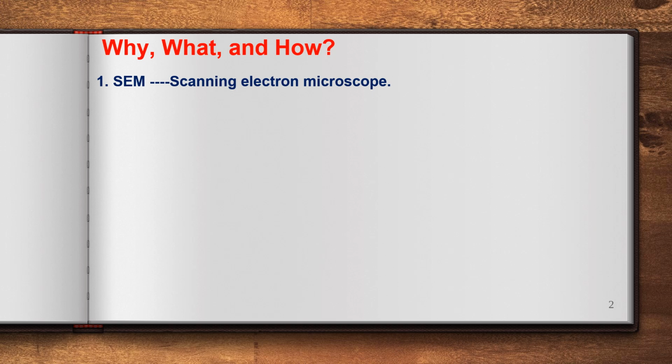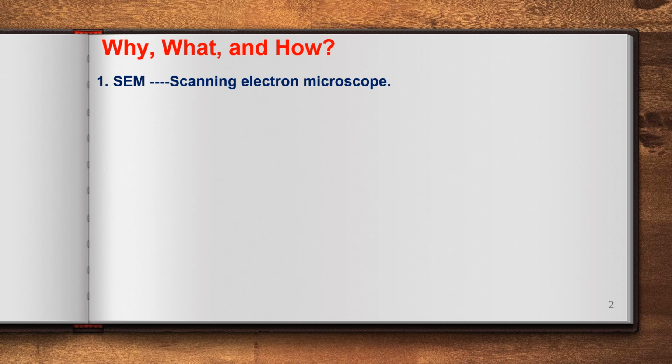The name itself says it is electron microscopy. There is some difference between optical microscopy and electron microscopy. As we know, an optical microscope uses light as the source, whereas in an electron microscope, electrons act as the source to see the image.